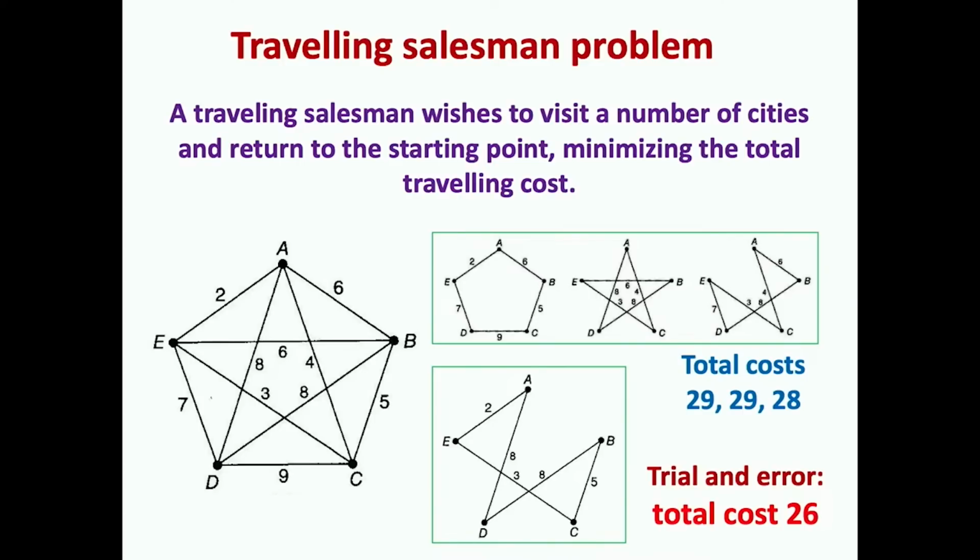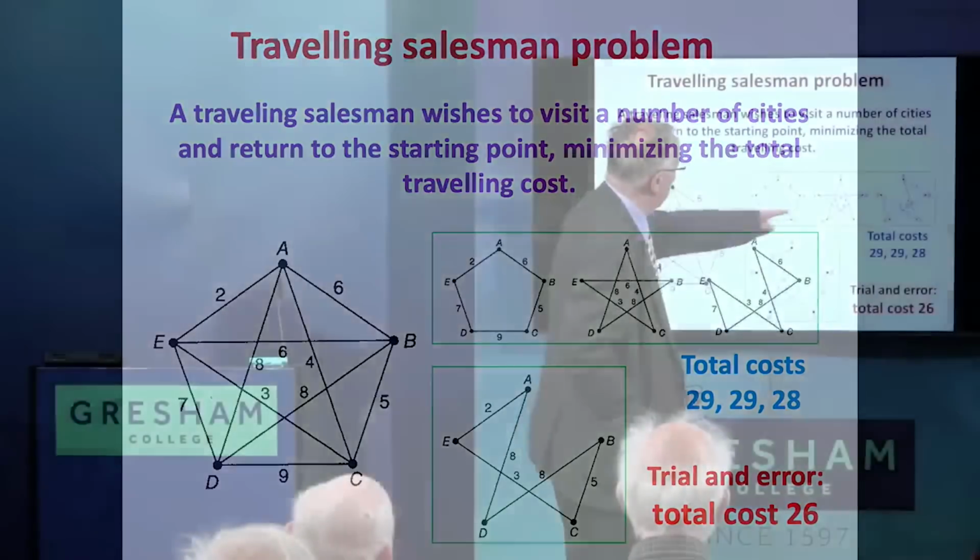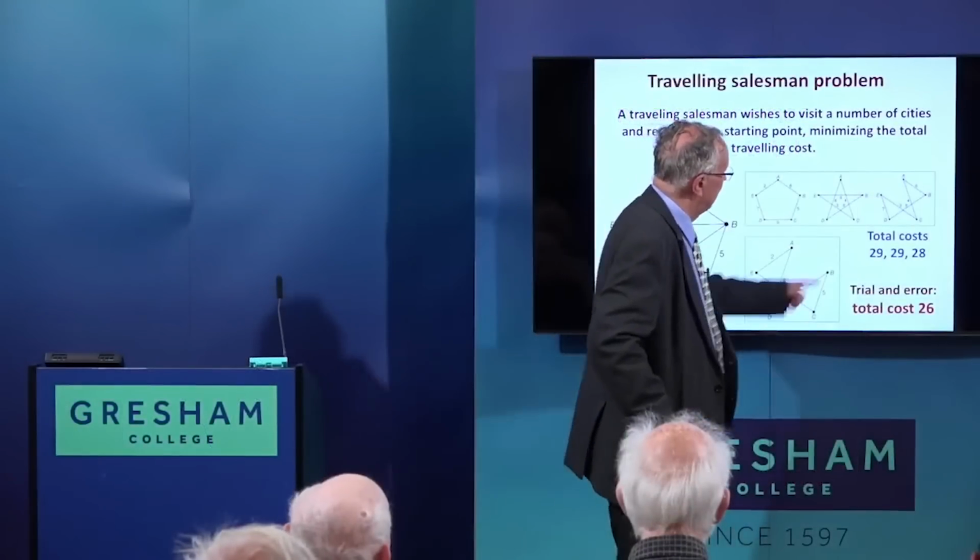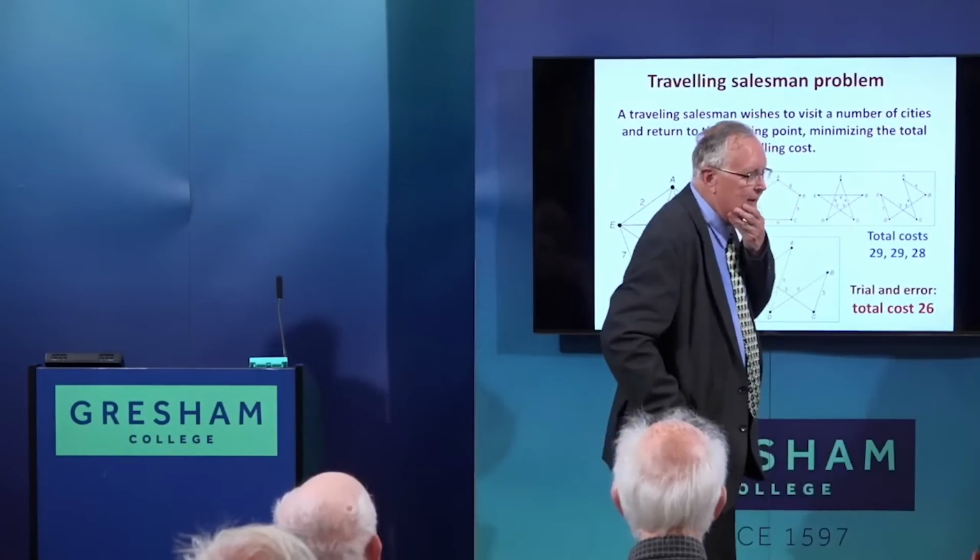So this time we're not looking for a tree, we're looking for a Hamiltonian cycle, aren't we? So for example, for this, the same exact, we could go around the outside, that gives you 29. You can take this star pattern, that's also 29. This is 28, can you do any better?